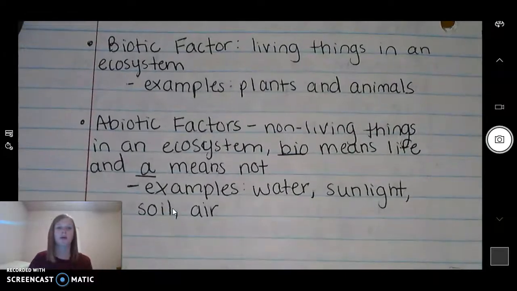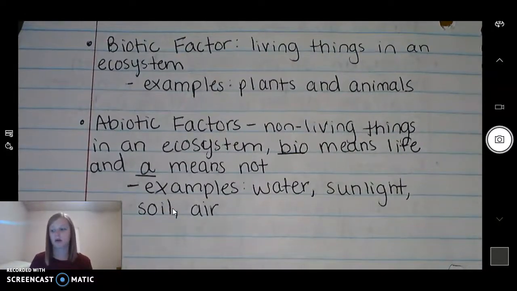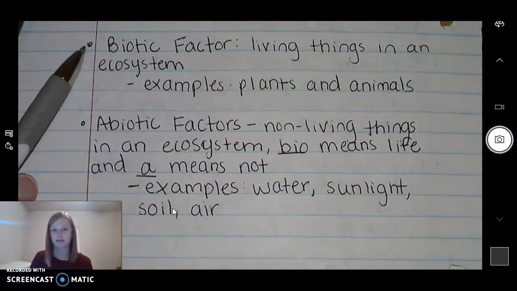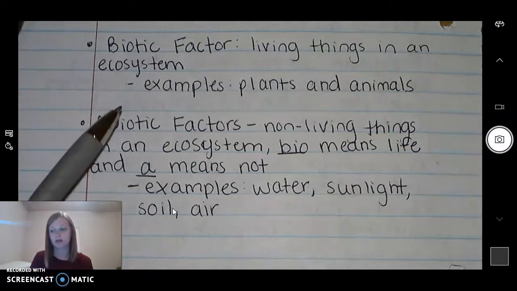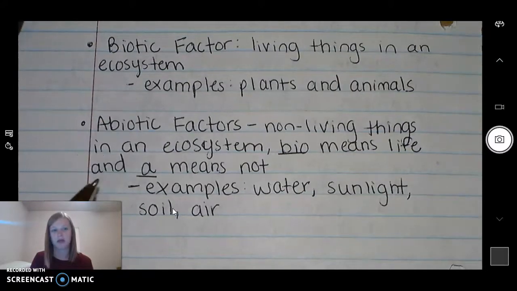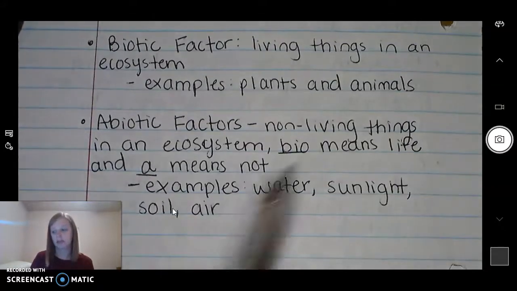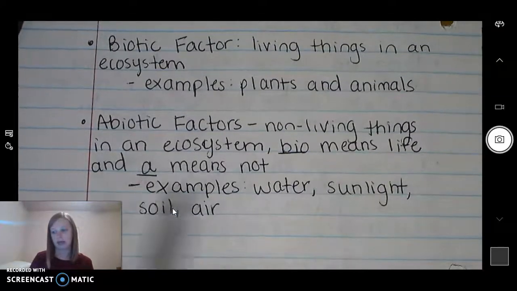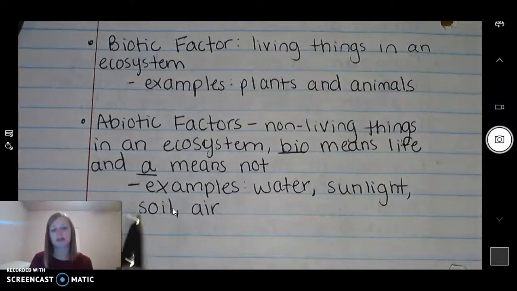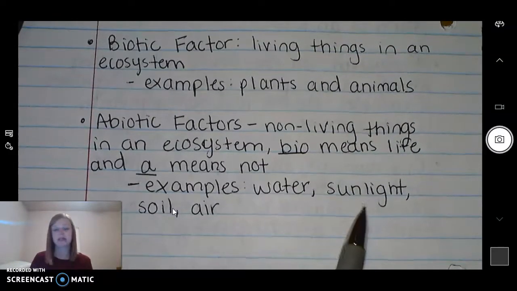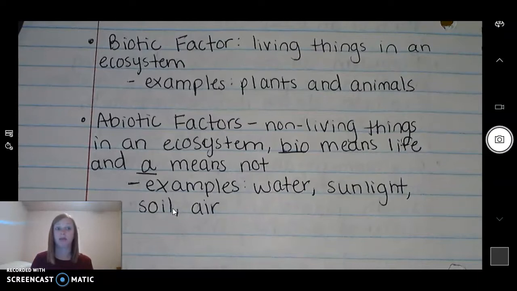Okay, so those are non-living things in an ecosystem. Okay, remember, biotic factors are living things in an ecosystem. Those would be plants and animals. Abiotic things are non-living things in an ecosystem. Bio means life and a means not. So examples of these would be water, sunlight, soil, and air.